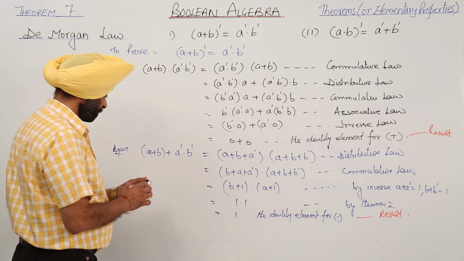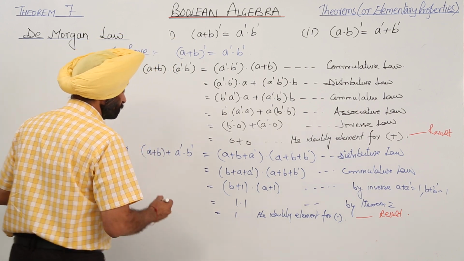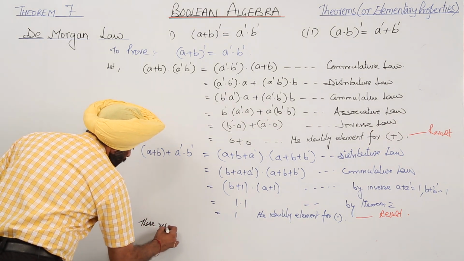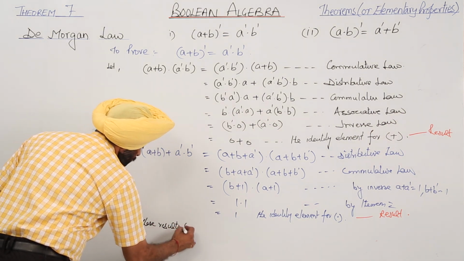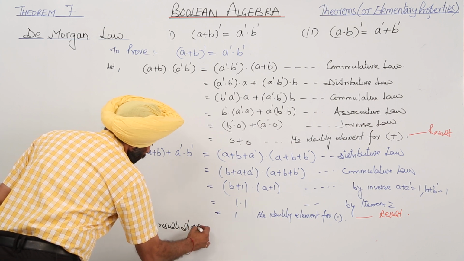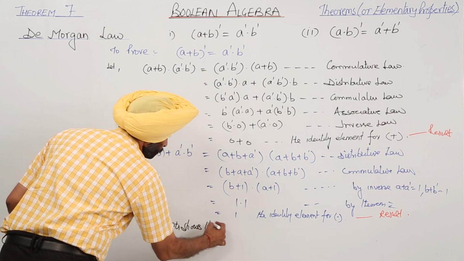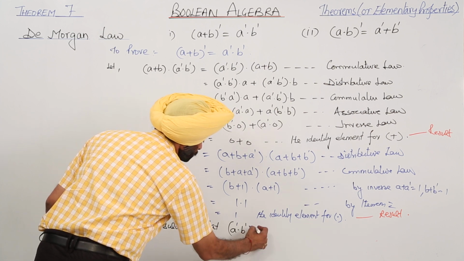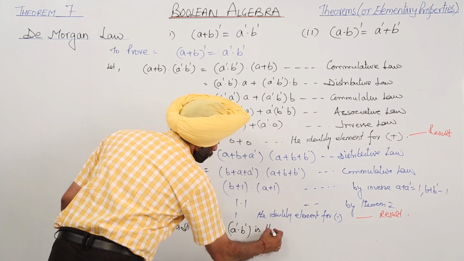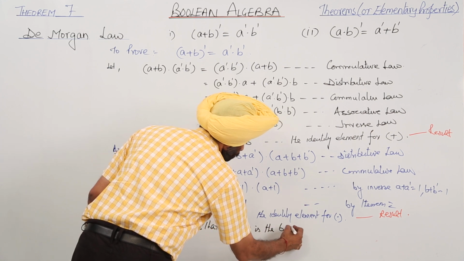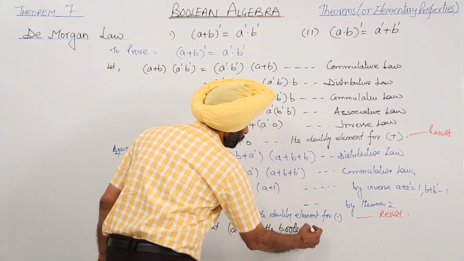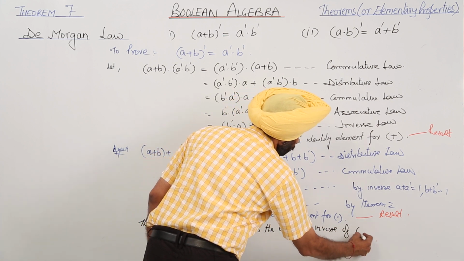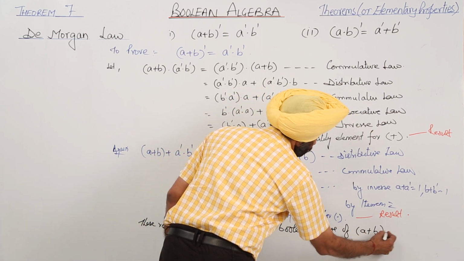Now these results show that A inverse dot B inverse is the Boolean inverse of A plus B.